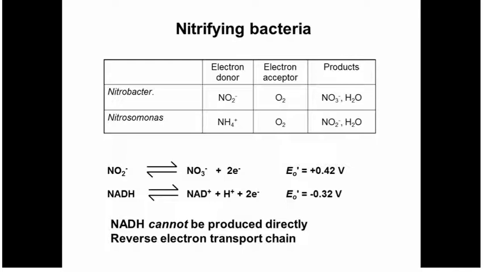Then the electron transport chain that goes from NADH to NAD+ is going to be reversed. Why can it be reversed? Because if you've got a very high proton gradient, then this will be associated with a potential difference. That potential difference can be high enough to push this reaction to go.